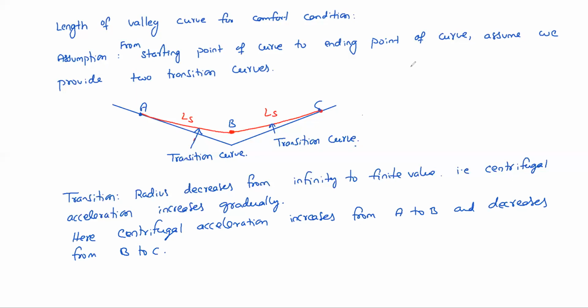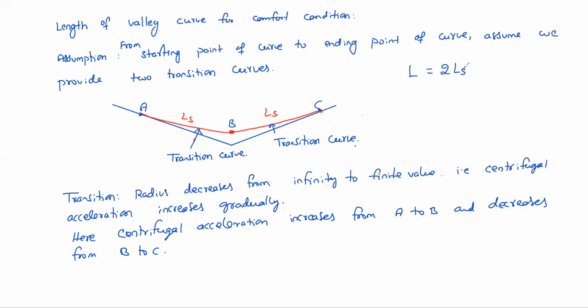So the length of the curve is equal to 2 times the length of the transition curve. Why two transition curves? First we need to increase that acceleration, then again decrease it.